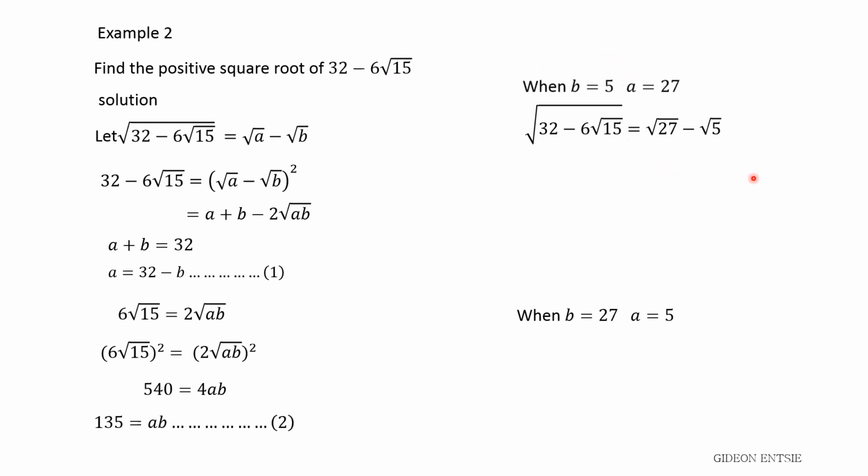By further simplification, square root of 27 is 3 square root of 3, and square root of 5 is a surd, so we leave it. So our positive square root of 32 minus 6 square root of 15 is equal to 3 square root of 3 minus square root of 5, by considering this case where b is equal to 5 and a is equal to 27.